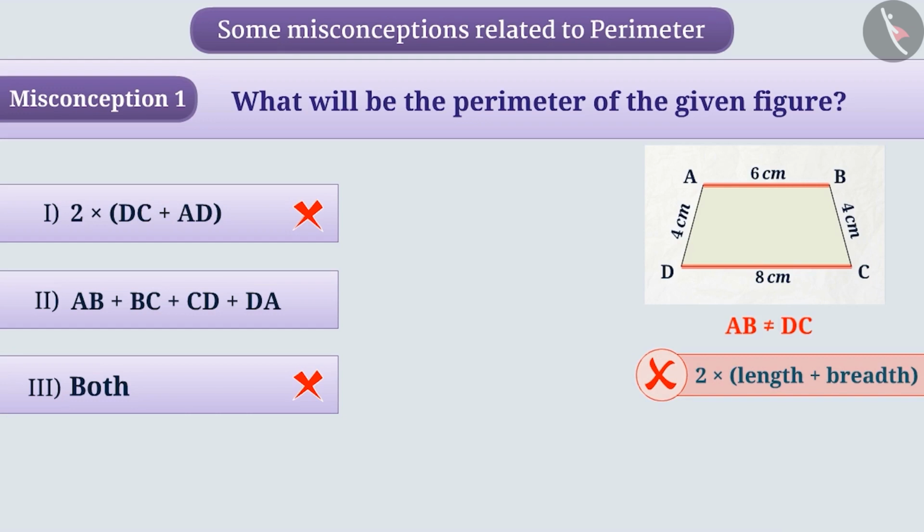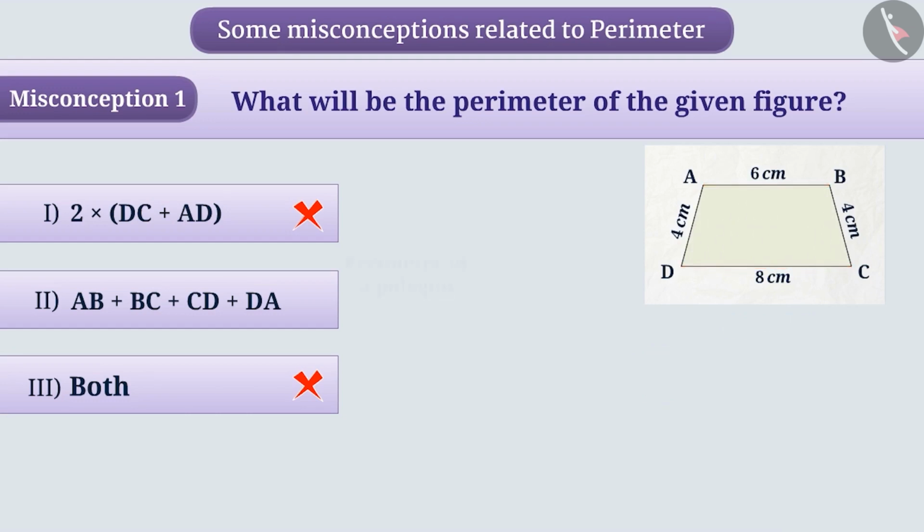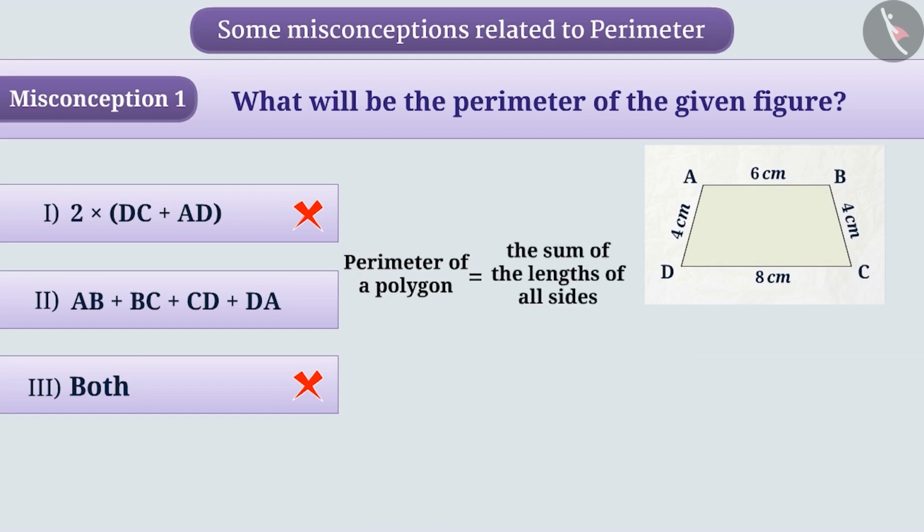As an example, look at the given polygon. The perimeter of this polygon is equal to the sum of the lengths of all sides, that is, 4 cm plus 6 cm plus 4 cm plus 8 cm is equal to 22 cm.